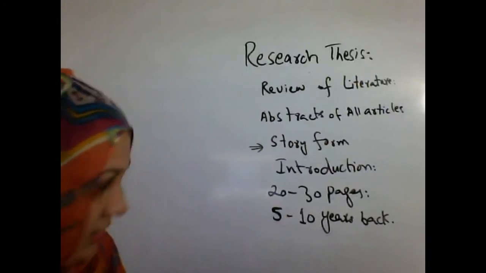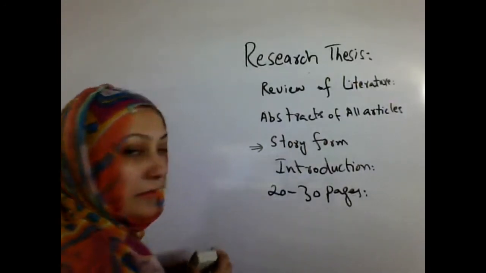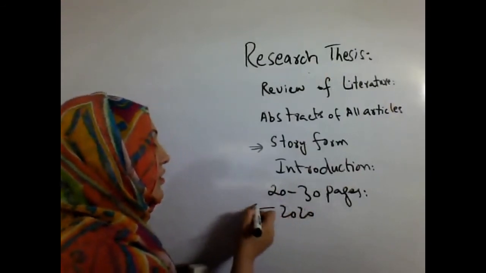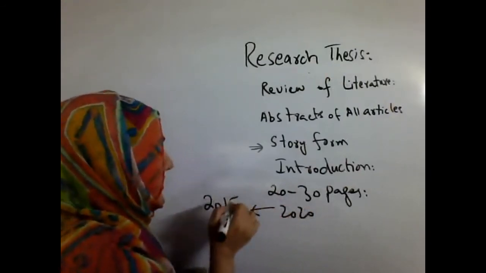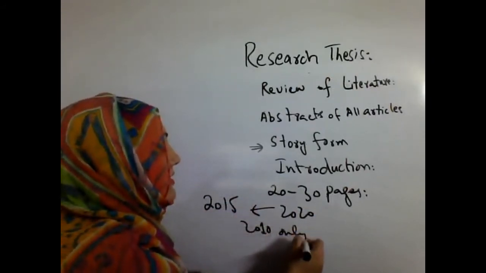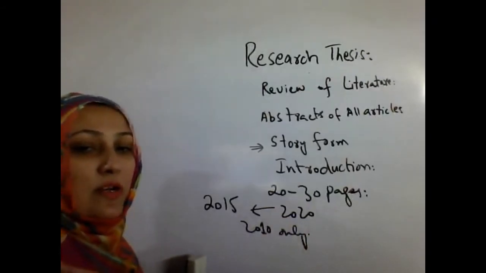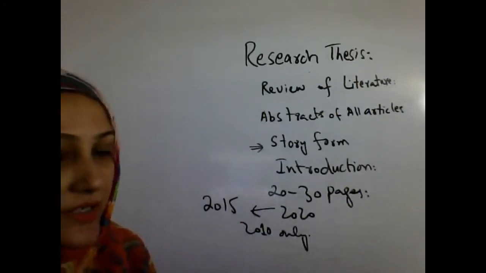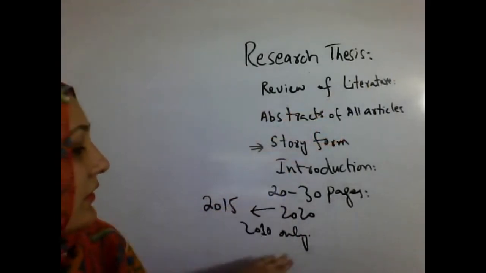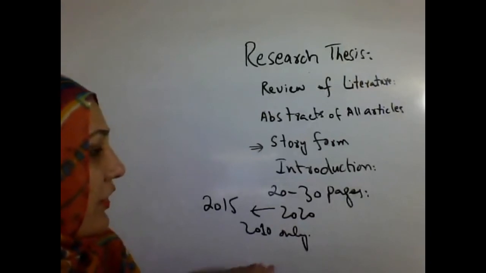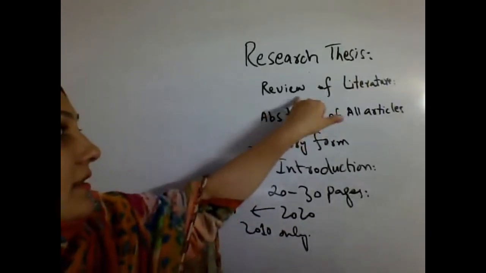So if your study is in 2020, you can go up to 2015 or maximum up to 2010 only. Not before 2010. You should not give the reference or literature from 2009, because it is not valid for the review of literature of your research.